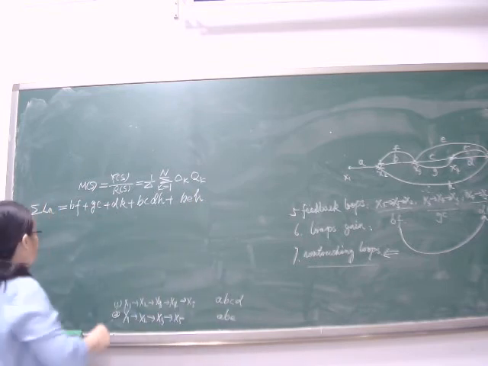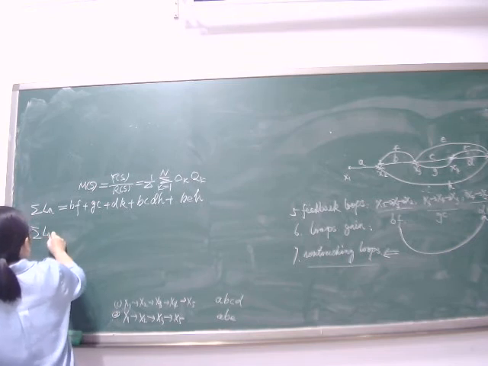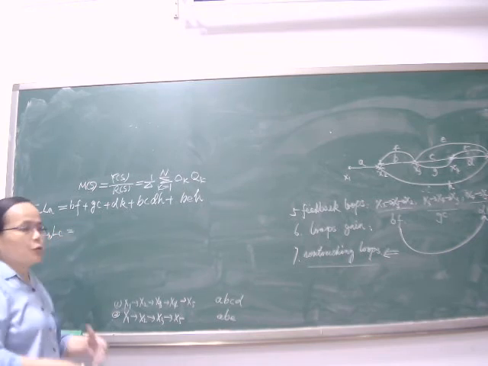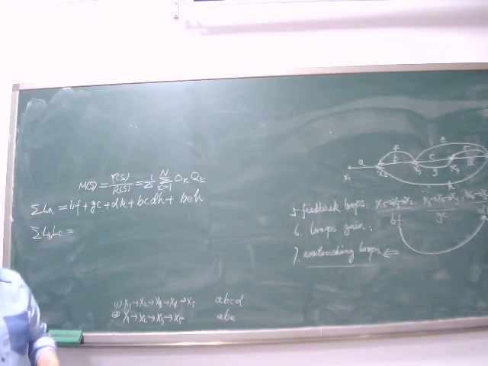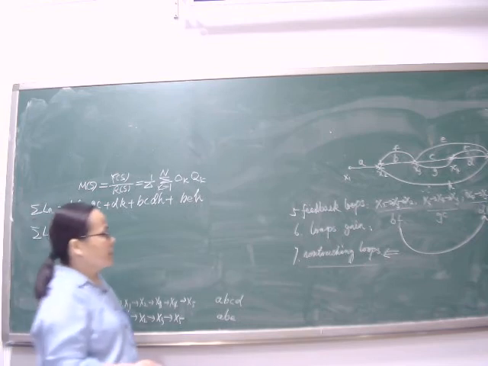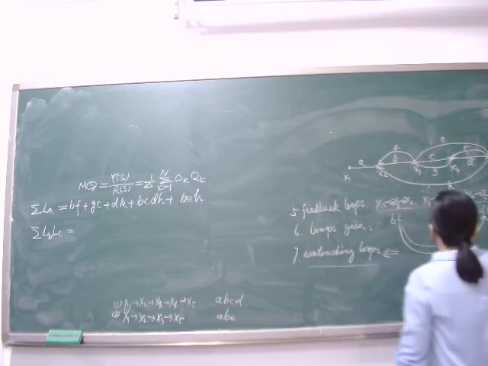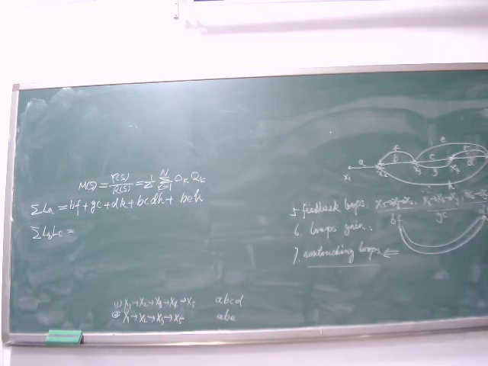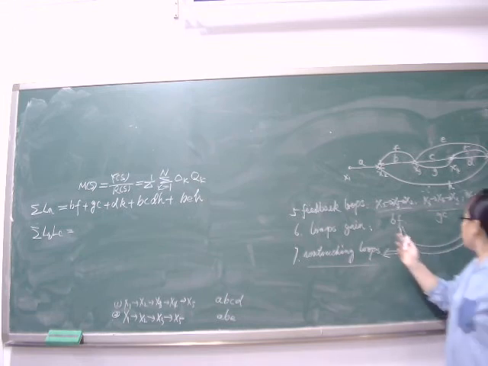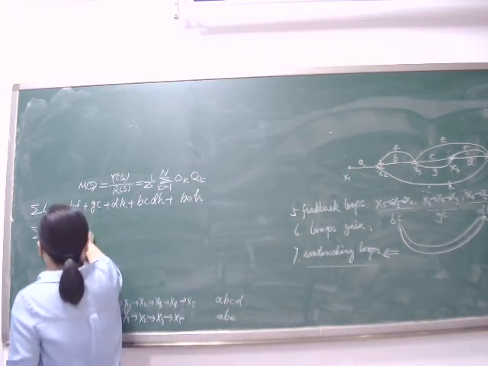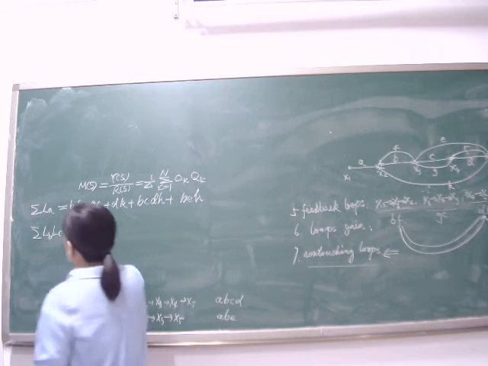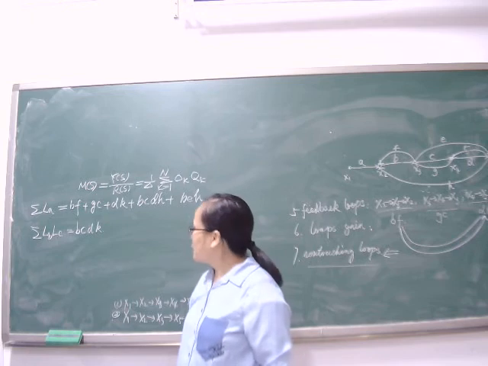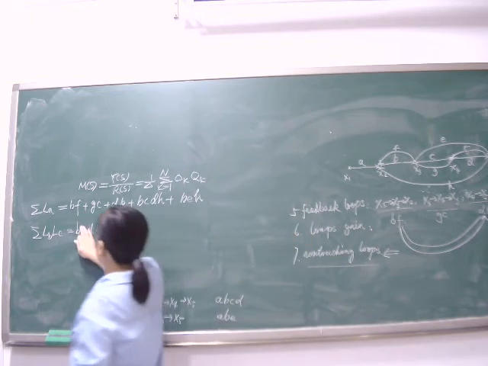Now this sigma L_B L_C equal to what? It is the product of gains of two non-touching loops. We see here there are 2 pairs of non-touching loops. So the product of these 2 non-touching gains is BFDK.